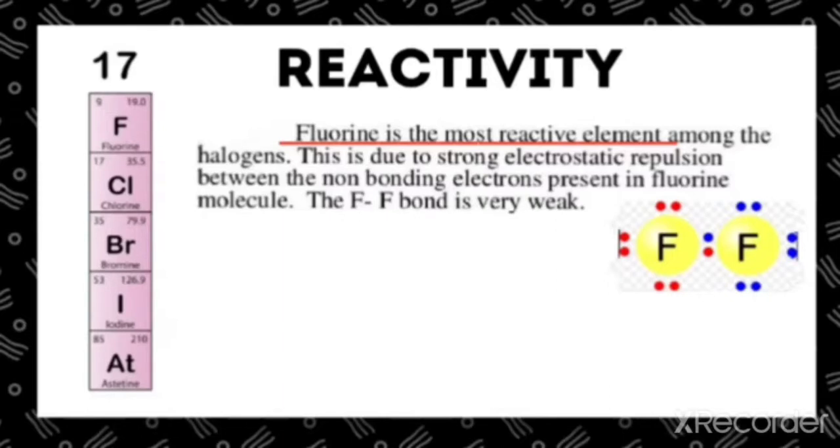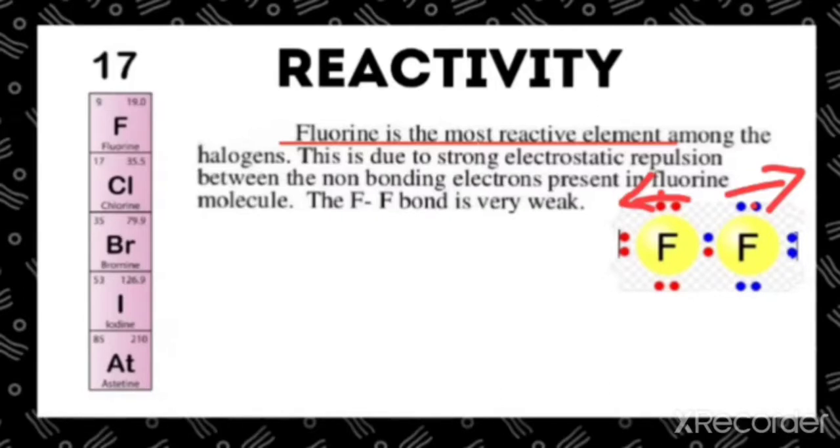Due to the small size of fluorine, the lone pairs, that is the non-bonding electron pairs, are quite close. So they experience electrostatic repulsion between the lone pairs.